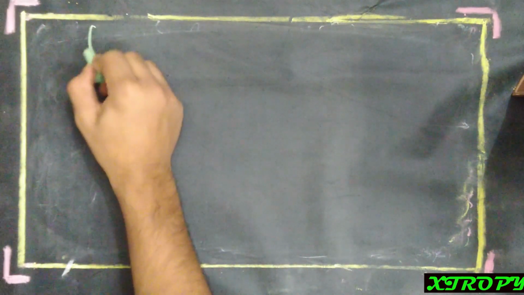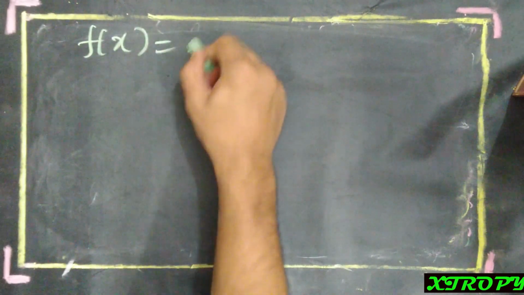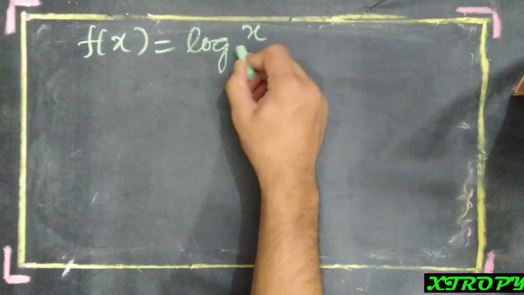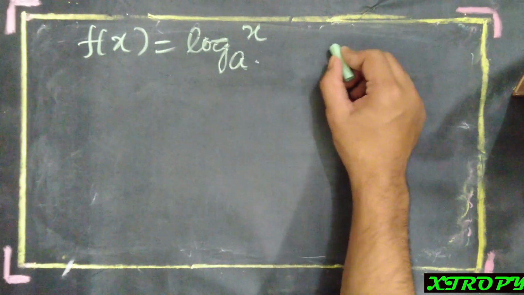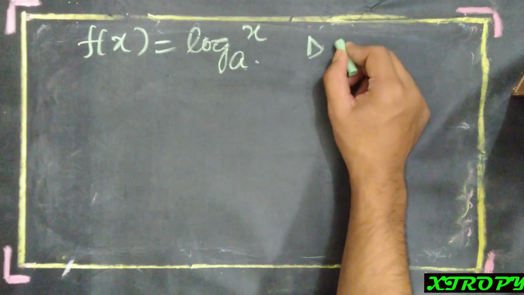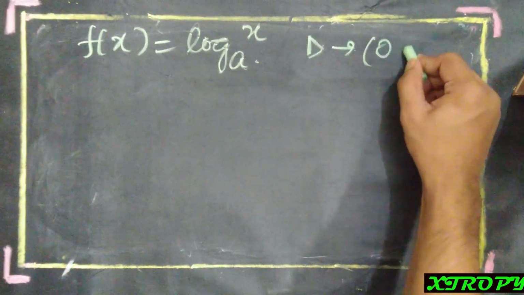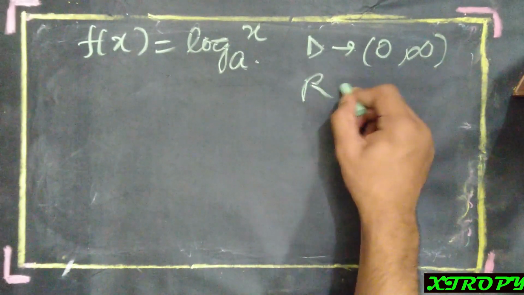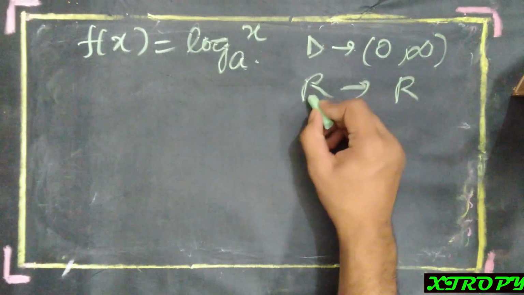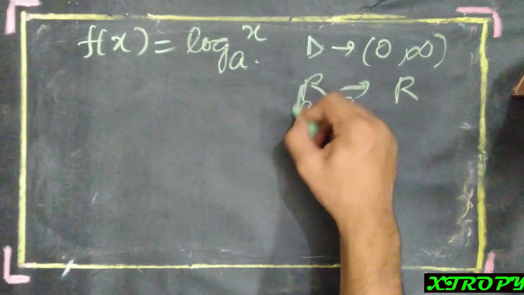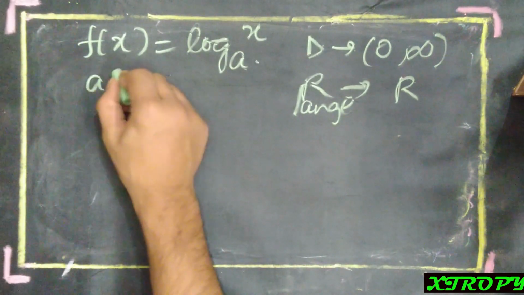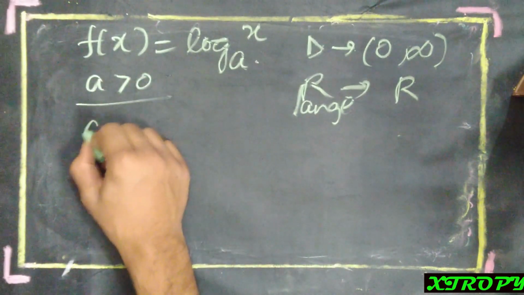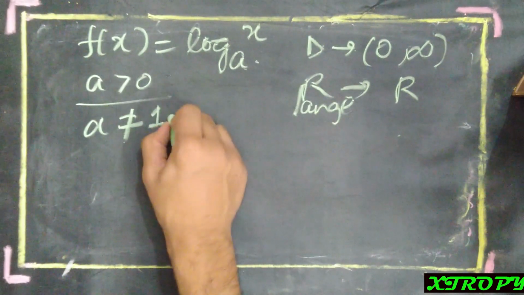So now let's formally define log. Suppose f(x) is a function that is log of x base a. Here the domain of this function is 0 to infinity, and the range is R. And a must be more than 0 and a should not be equal to 1.